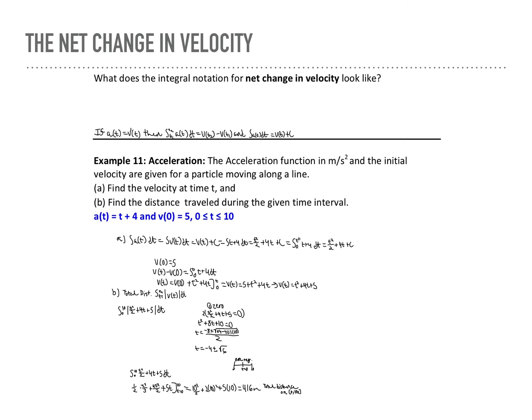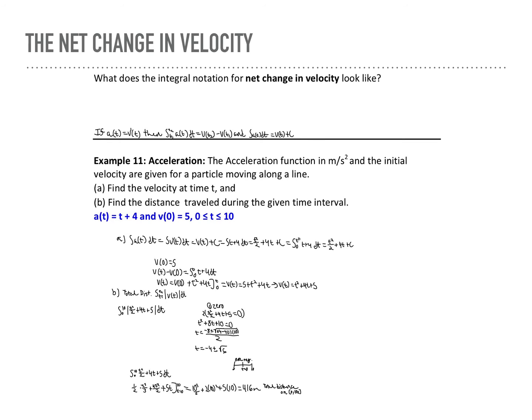To do this, we just find the antiderivative of the function, which becomes v of t minus v of 0, so it just becomes 5t squared plus 4t plus 5.